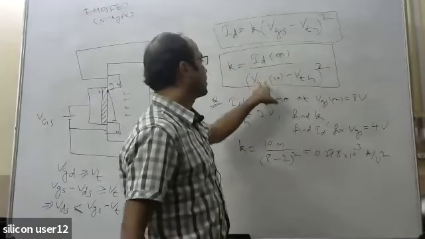Okay. Find K and the ID equation. Second one is find the ID at VGS equal to 10 volt. Okay, very simple. The same similar problem.